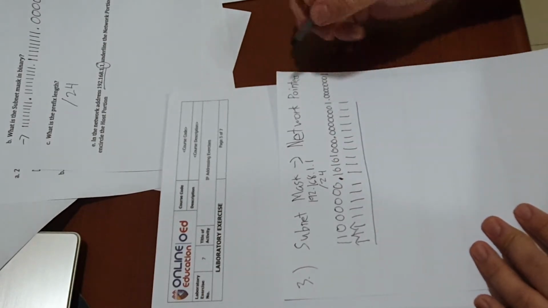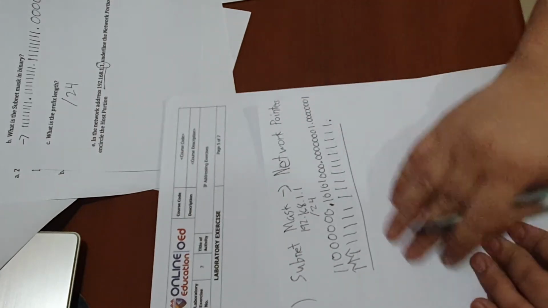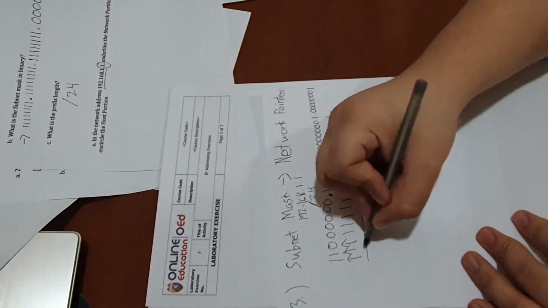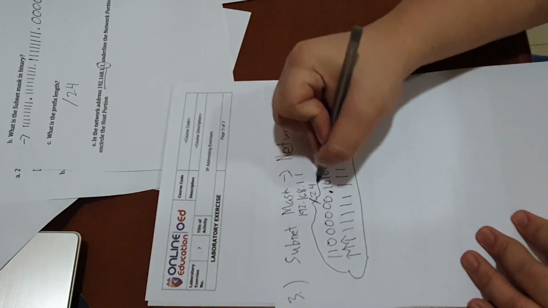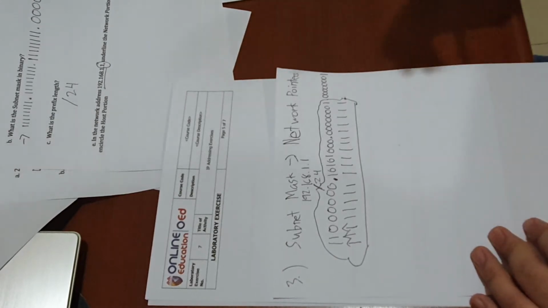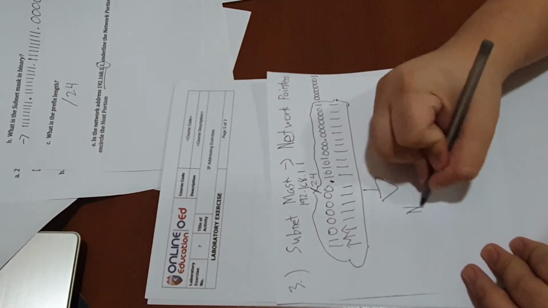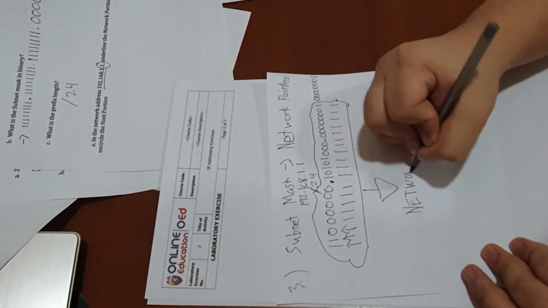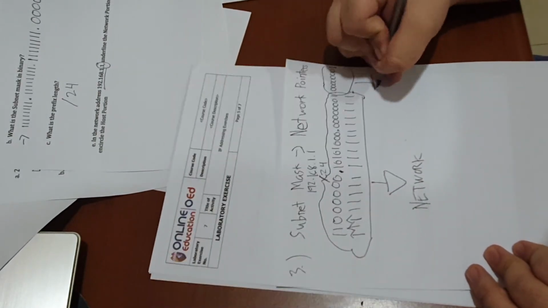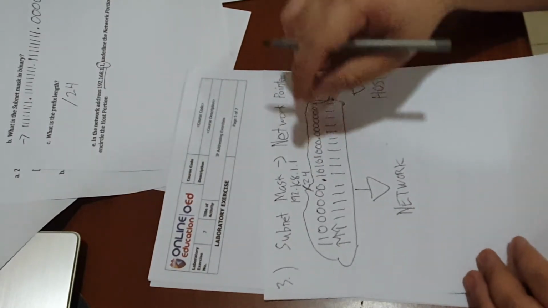So this part here is the network address, and then this will be the host. There will be no pointing here because it's /24. So this is the network portion, and then this is the host or the usable host part.